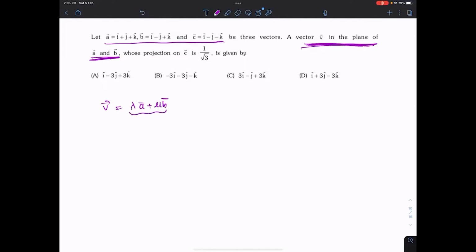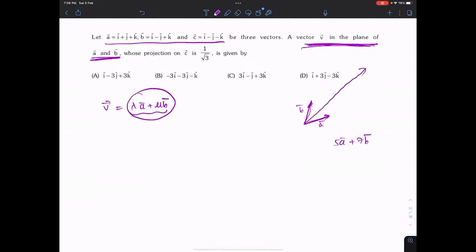Whenever you do a linear combination of two vectors in a plane, it will always be in that plane. Let's say on whatever screen you are watching, two vectors are there. If you do any linear combination, that is 5A bar plus 7B bar, that will also be in that screen only. It won't come outside the screen.